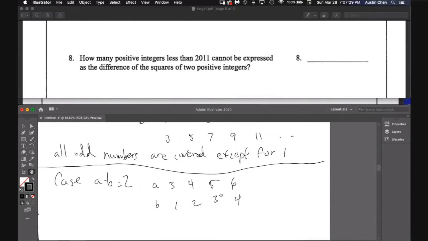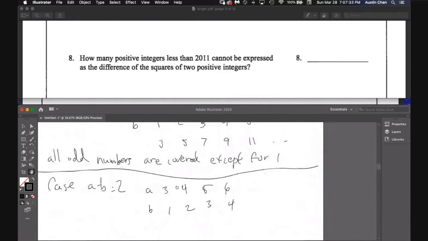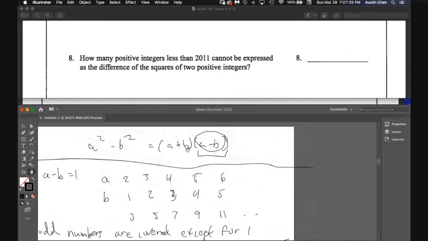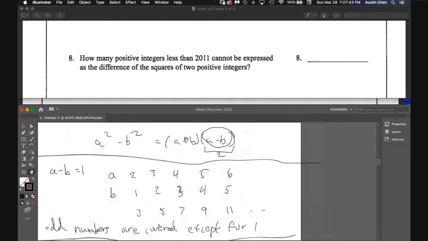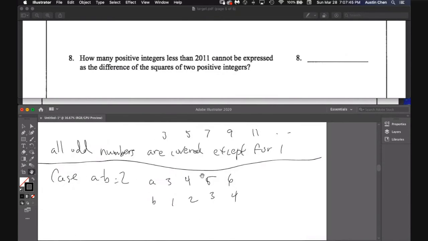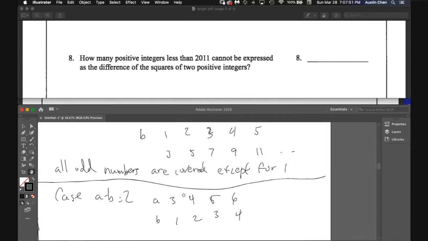Now, in the case where a minus b is equal to 2, this term is always going to be equal to 2. Whatever the sum of a and b is, times 2, is what our difference of the squares is.